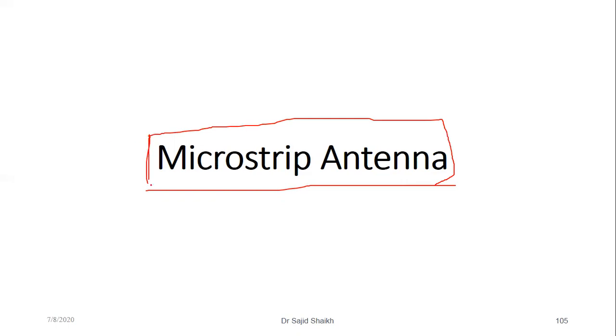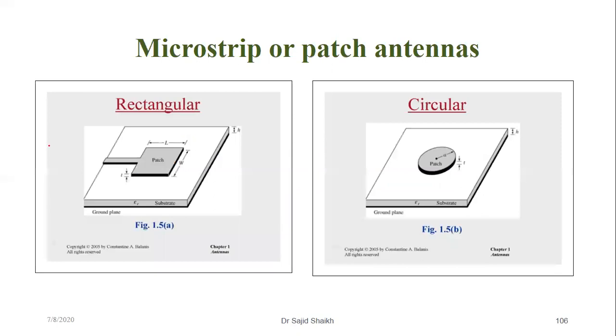If you observe the diagram of the microstrip antenna, here you have a metallic conductor, this one, also called a patch, and the electromagnetic signal is fed from here. Here you have two patches, and between these two patches you have some dielectric or insulating material.